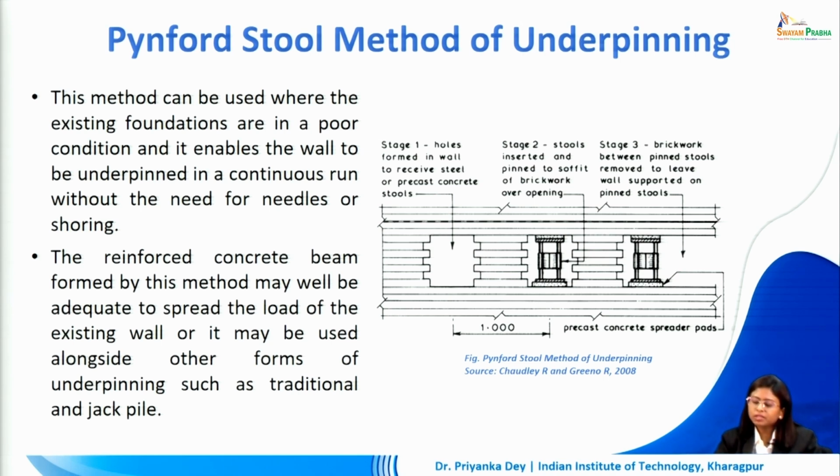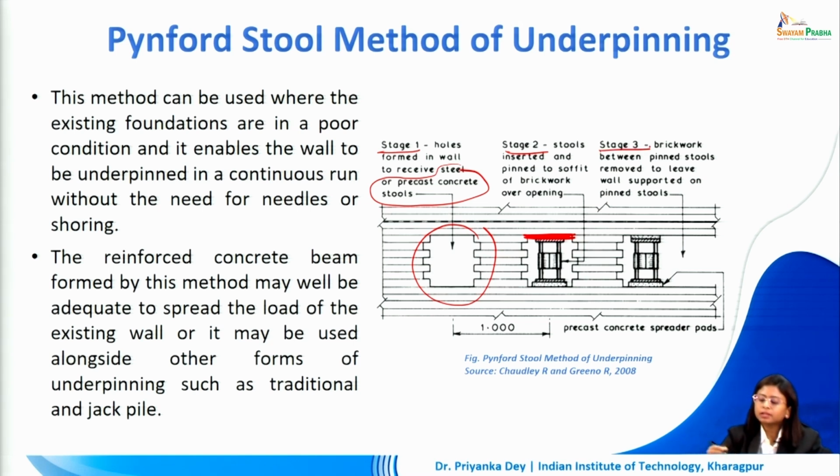So what we are doing here is, in stage 1, we create holes in the wall to receive the steel or precast stools. So we are creating these holes. Here we are going to place these stools. These stools are inserted in the second stage, and they are pinned to the soffit of the brickwork. So here we've created an opening in the brickwork, and that is where we will fix our stools.